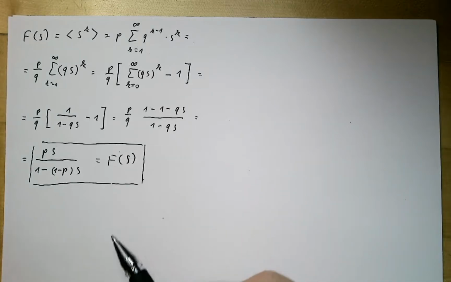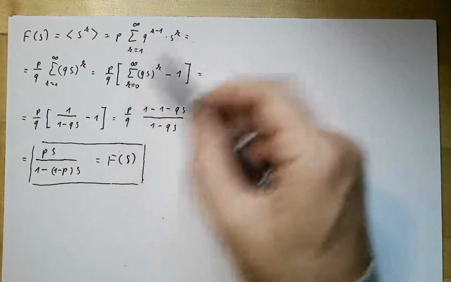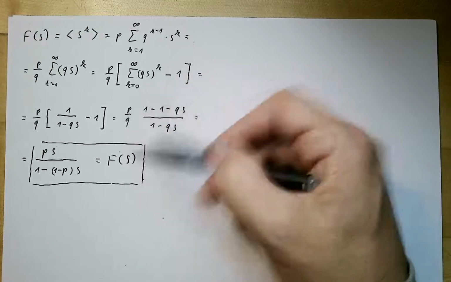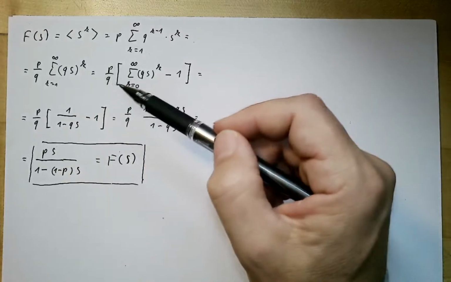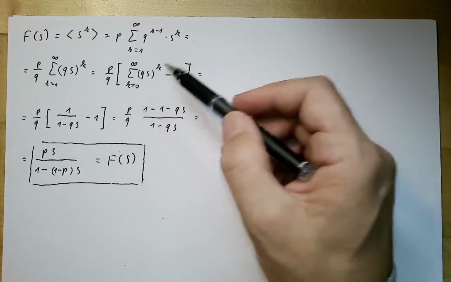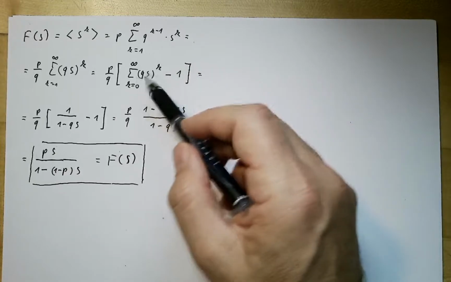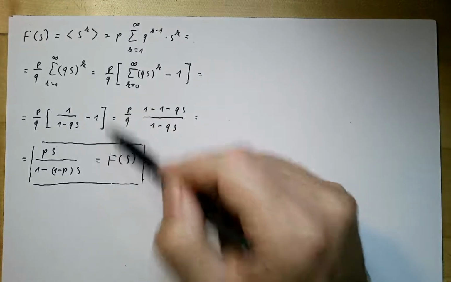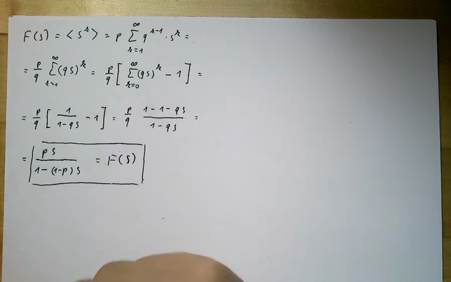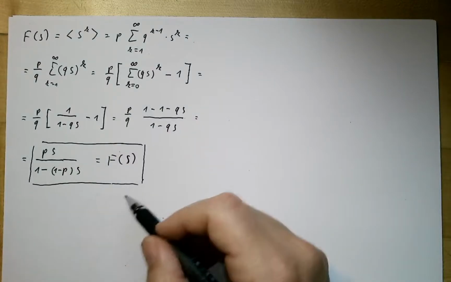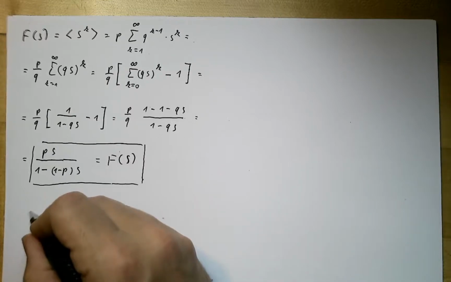So the generating function is a similar calculation as we had before to calculate the first moment. It even was simpler because we didn't need to use this derivative trick. We could directly put it in a form where we have the geometric series. So maybe have a look, how does this function look?